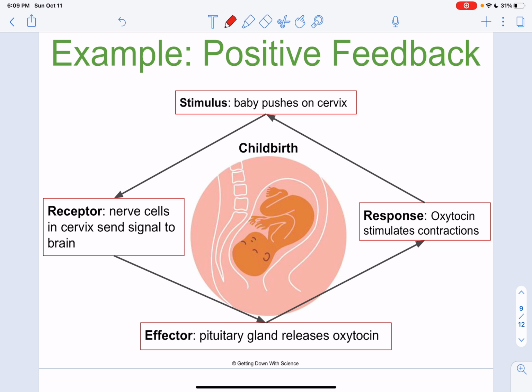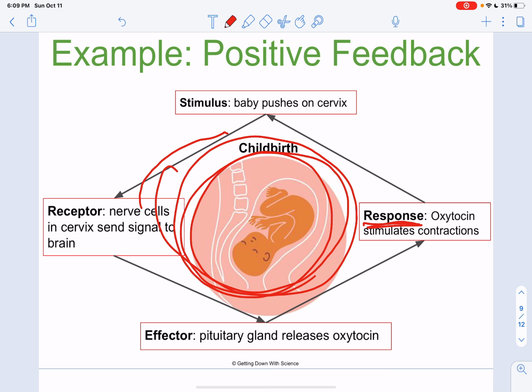This oxytocin is going to cause contractions, and those contractions are going to intensify and intensify, and get worse and worse, until this baby goes out of the womb.